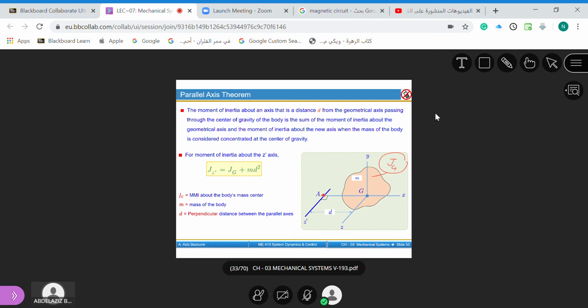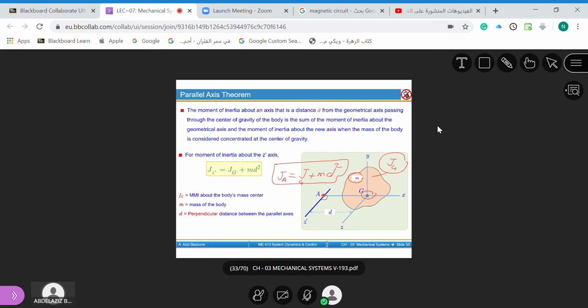So we will say Jz prime, or J about point A, will be equal to the mass moment of inertia about the center of mass, Jg, plus md squared, where m is the mass of the body and d is the perpendicular distance from this point to this point, or from A to G. And this is called the parallel axis theorem.